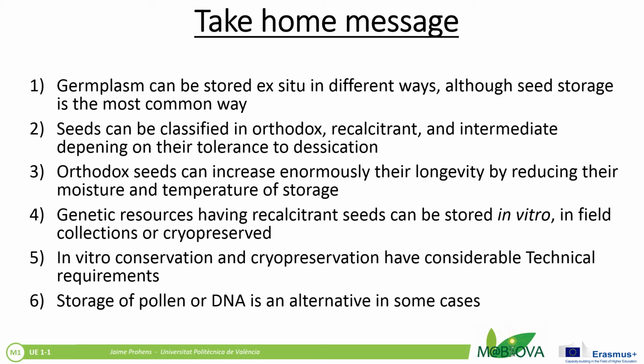Fourth, genetic resources having recalcitrant seeds can be stored in vitro, in field collections, or cryopreserved. Fifth, in vitro conservation and cryopreservation have considerable technical requirements. And sixth, storage of pollen or DNA is an alternative in some cases.